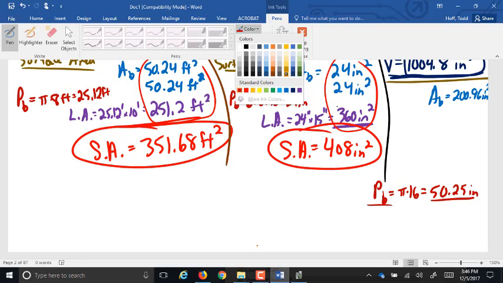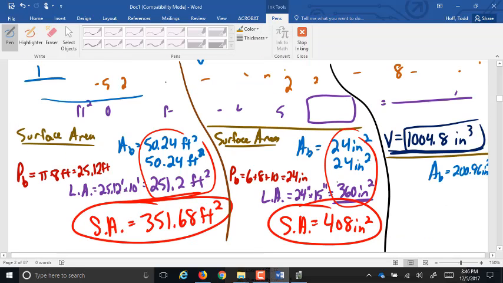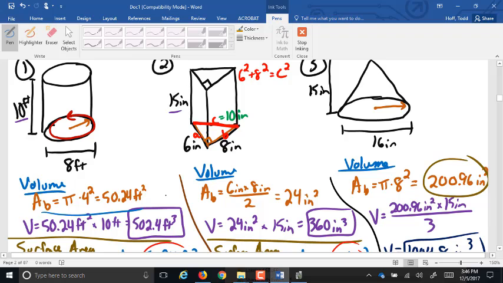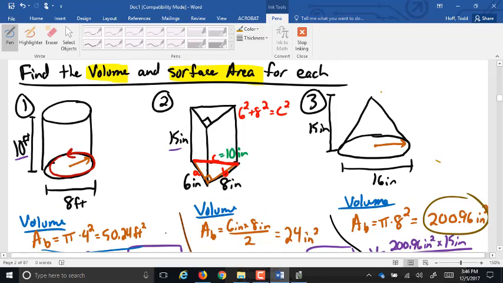Since this is a cone, we are not going to use the height for the lateral area. We need to use this dimension right here, which is a slant. And we'll find that slant by making a right triangle. This in the green here is just the height of 15 inches.